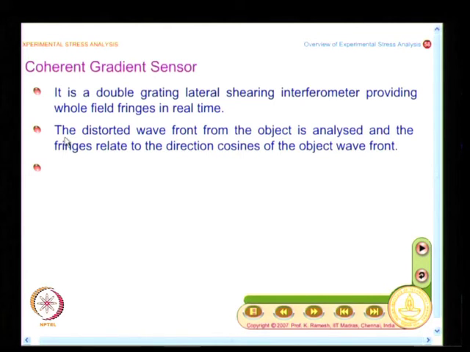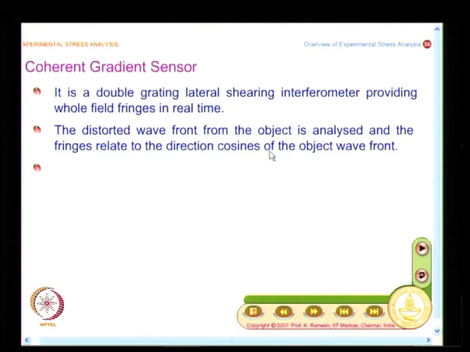And what you find here is, you have a light, if it is an opaque model it gets reflected from the surface, if it is a transparent model it gets transmitted, and you are really looking at the distorted wavefront, and you find out the direction cosines of the object wavefront.